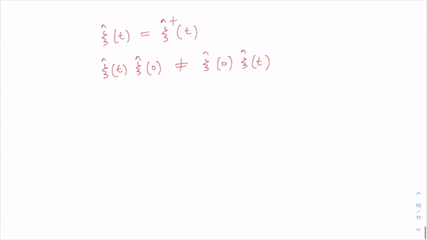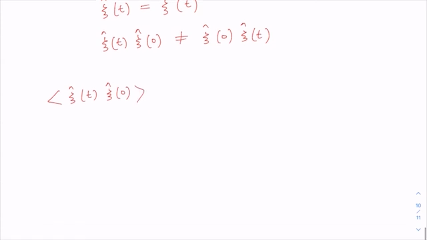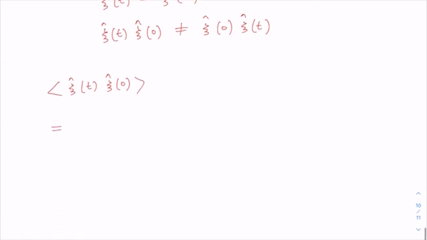Now we can calculate the autocorrelation function for the quantum Langevin noise. That is, we have to calculate xi of t, xi of 0, and this would be along similar lines as in the classical case.